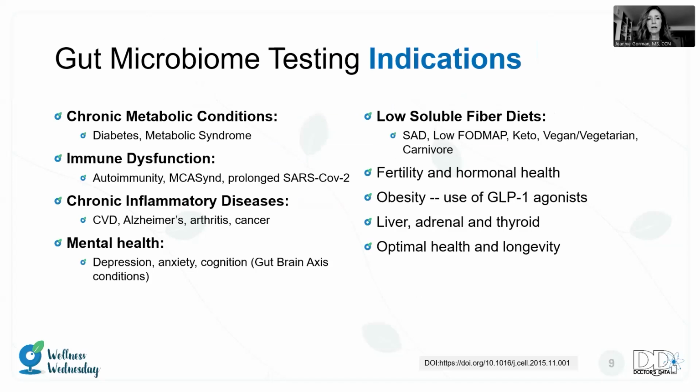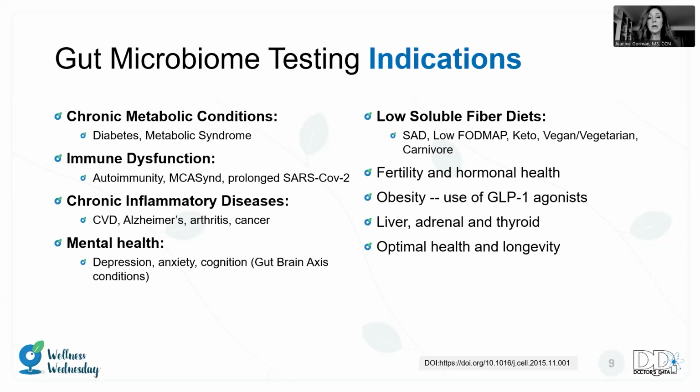Okay. Why would you want to run a gut test on any of your patients? Well, any of your patients that are experiencing any of these conditions, chronic metabolic conditions like diabetes, metabolic syndrome, of course, immune dysfunction, of course, at the root cause of many of our immune dysfunction issues, mast cell syndrome, chronic inflammatory conditions, any mental health issues with that gut-brain axis interventions, any low soluble fiber diet.